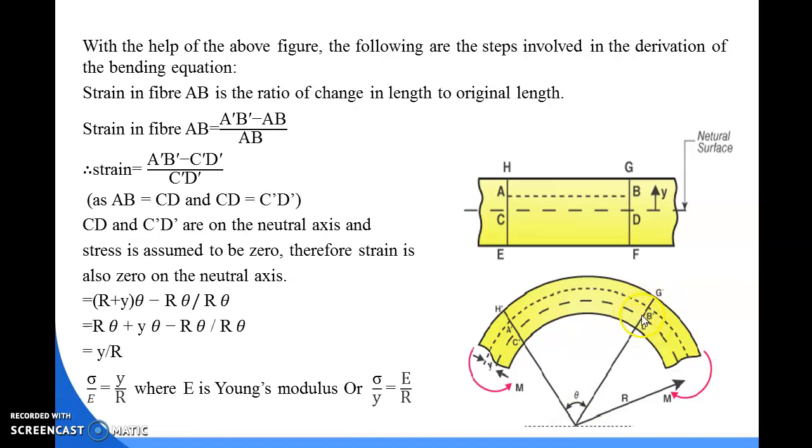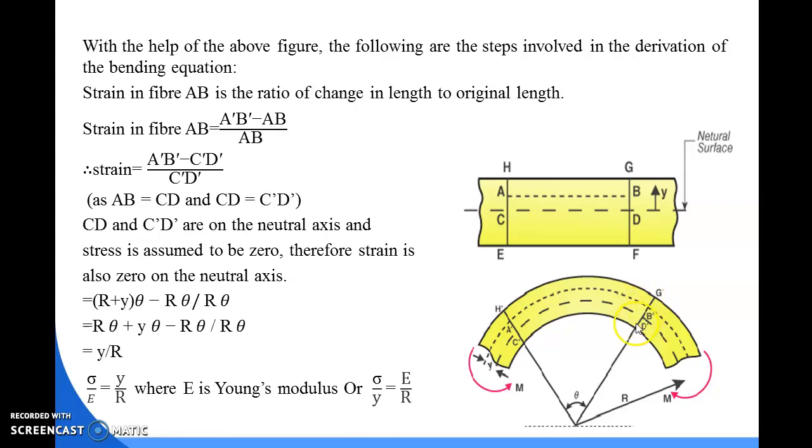How? From the center to the neutral axis line, the radius is equal to R, and from the neutral axis line to the small elementary section AB, the value is small y.